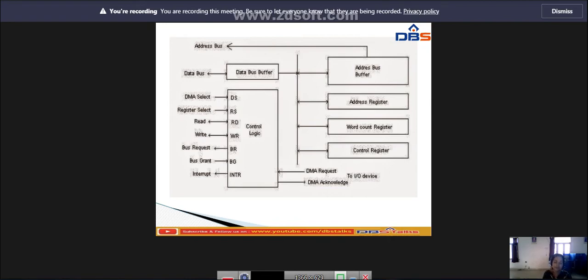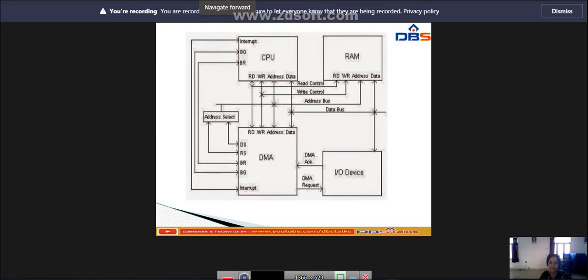Now there is another diagram of the DMA, showing the interrupt, CPU, RAM, DMA, and input output devices.